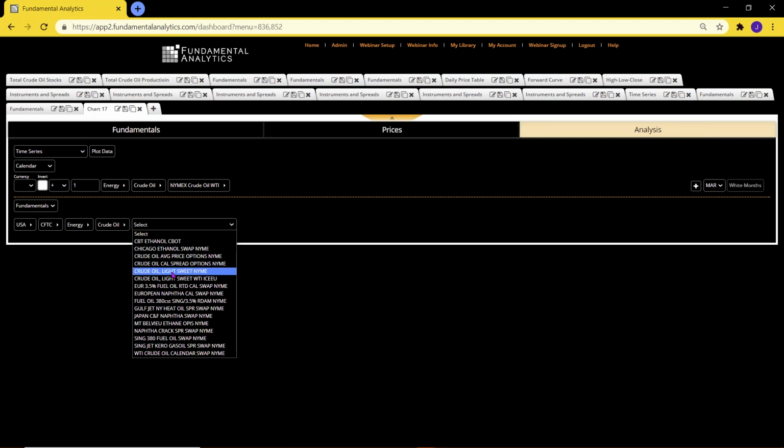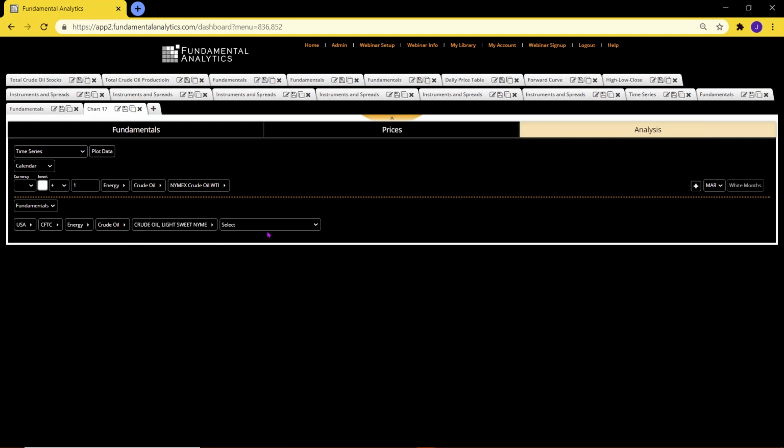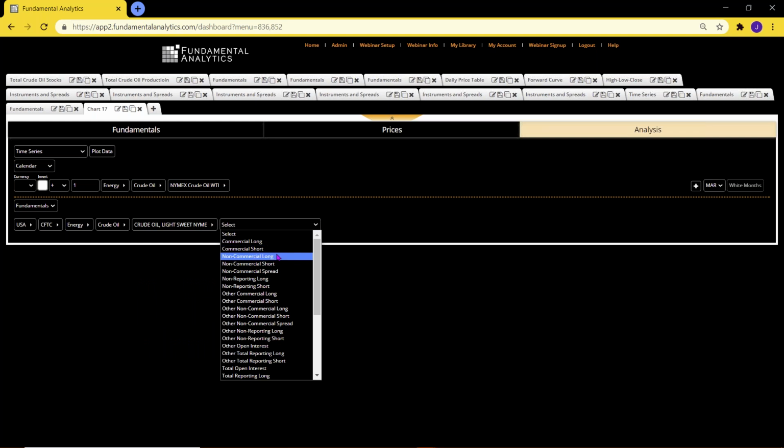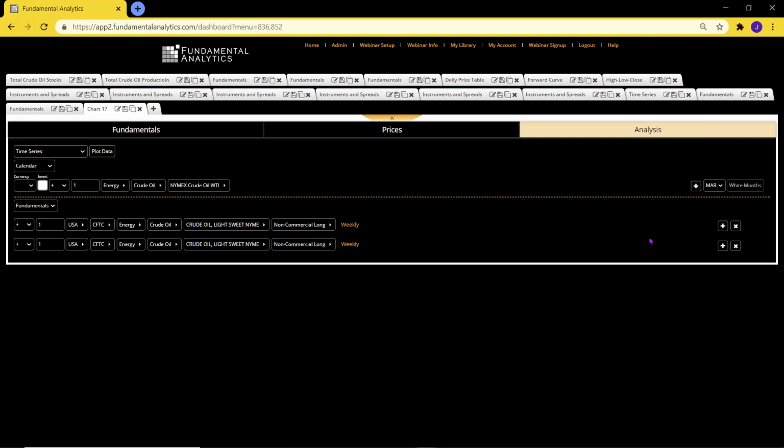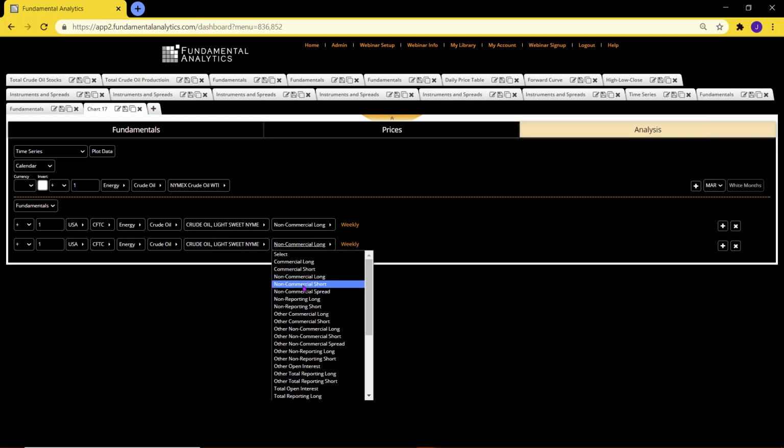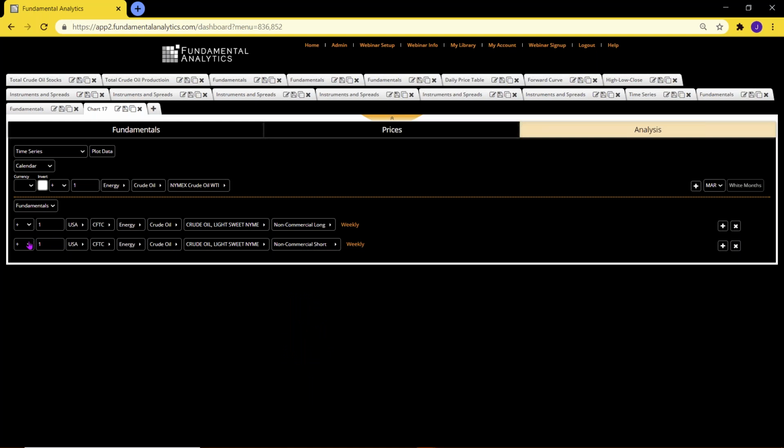So I want the non-commercial longs. Oh, I want to take the subtraction and the non-commercial short and take the difference.